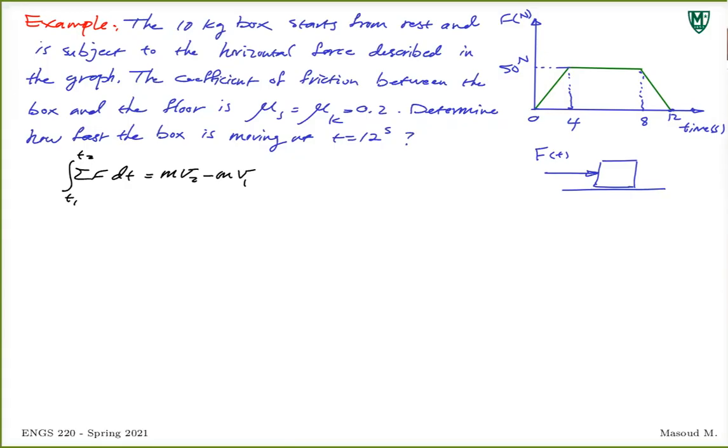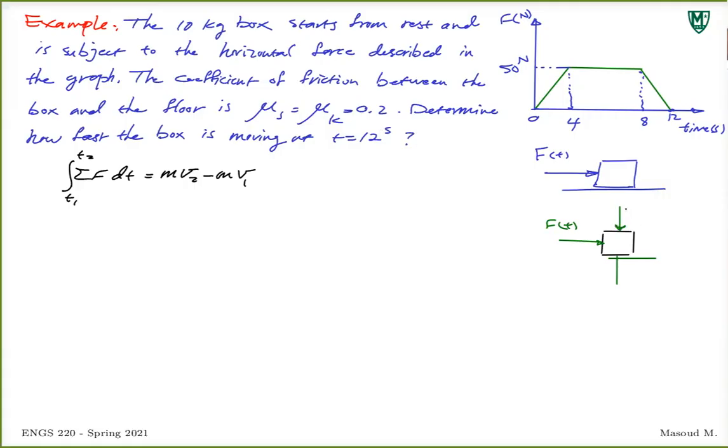So for the summation of forces, we have to keep an eye on the free-body diagram. If this is my box sitting on the ground, let's see what forces I have there. I have a bunch of forces I have to take into account. Well, the first one is F, as stated by the problem, applied to the box. I have my normal force and weight, and I do have my friction.